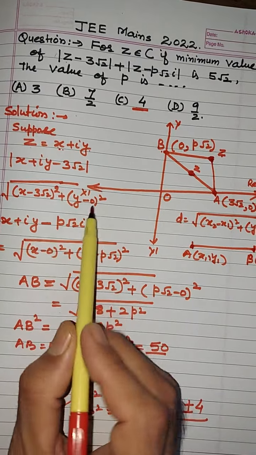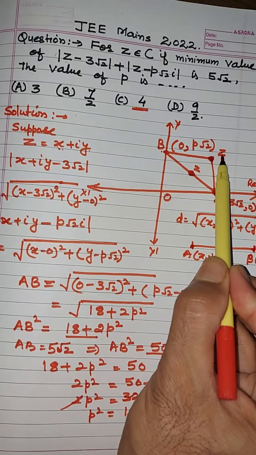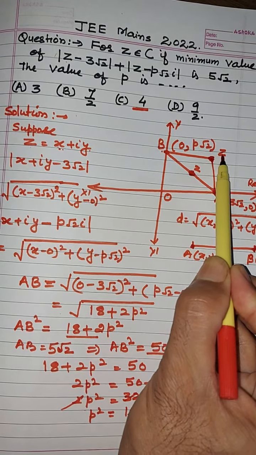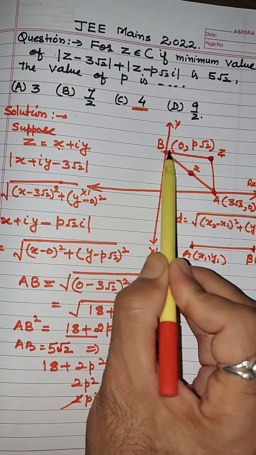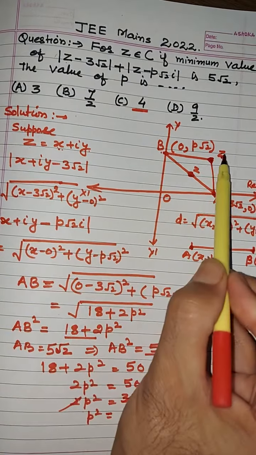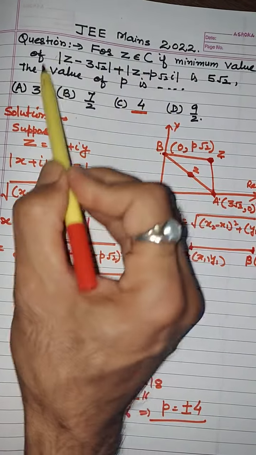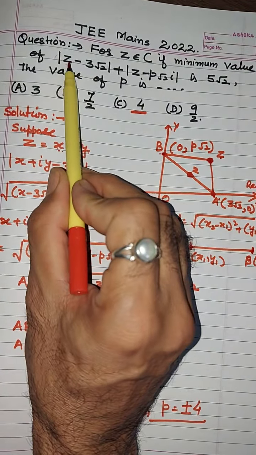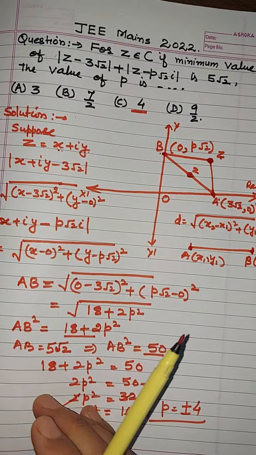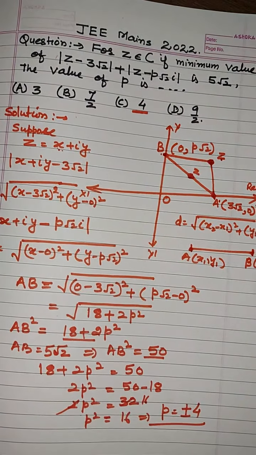This is the simple formula for the distance between two points. If we compare these, it means this is the distance of the complex number z from the points A and B. This is the sum of the distances of the complex number from the two points. So we can understand this geometrically.